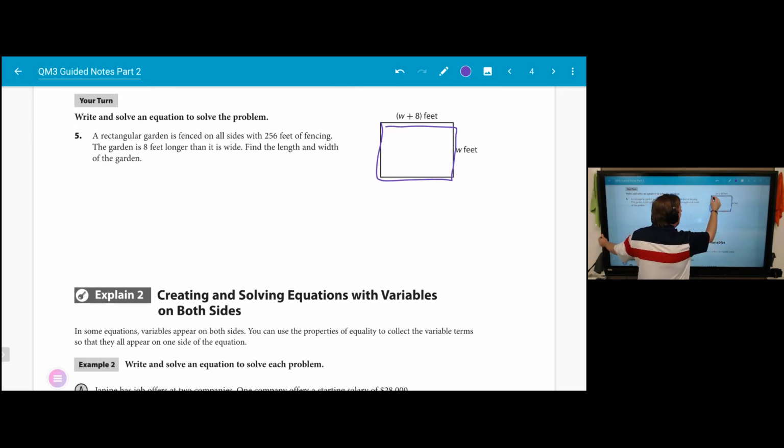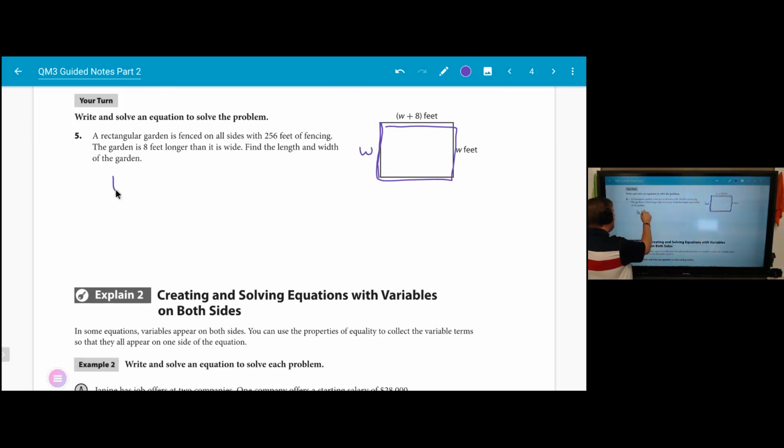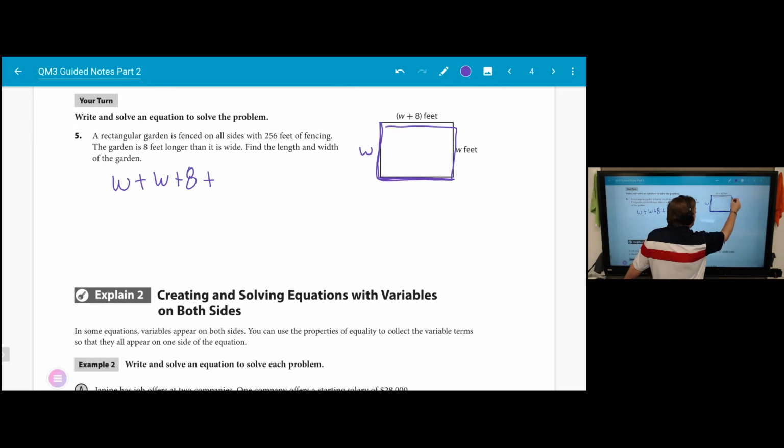So if I start here, if I go down right here, that is a length of W. So I've gone W plus, if I go down here, this is W plus 8 plus W feet plus W plus 8.